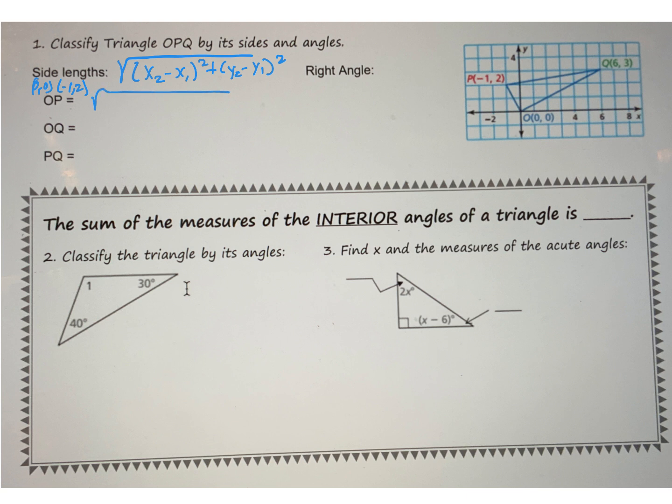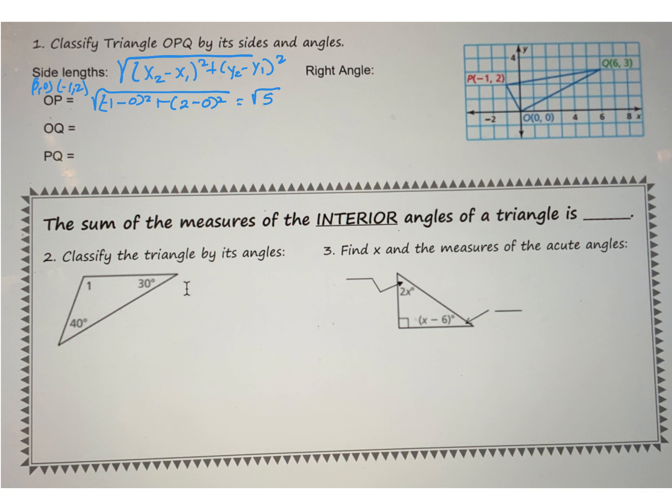So we have our x2, which is -1, minus 0 squared, plus our y2, which is 2 minus 0 squared. And when we work that out, we get the square root of 5.